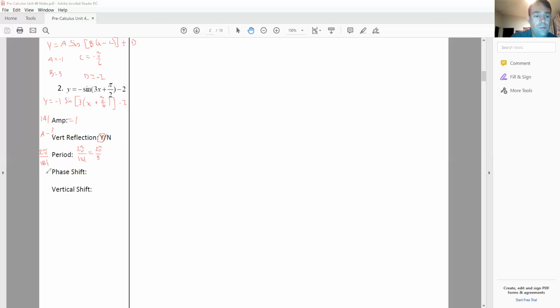My phase shift, that's my C value. So since C is negative pi over 6, that means I'm going left pi over 6. D, that's my vertical shift. Since I was -2, I'm going to go down 2.